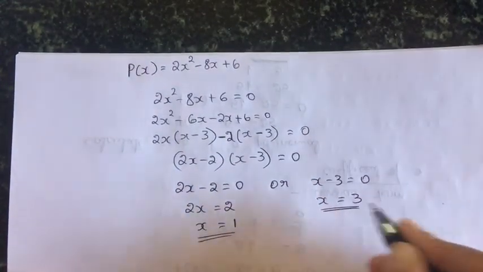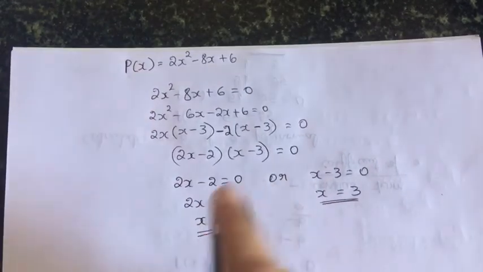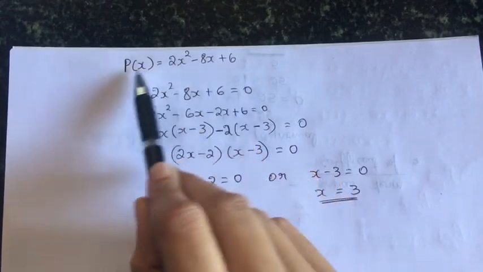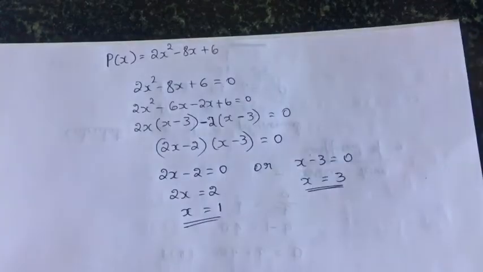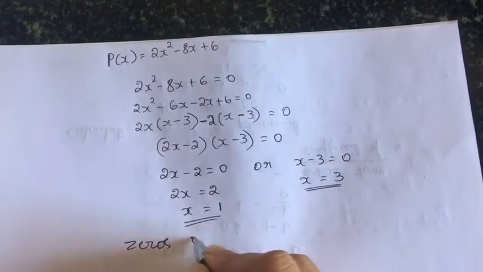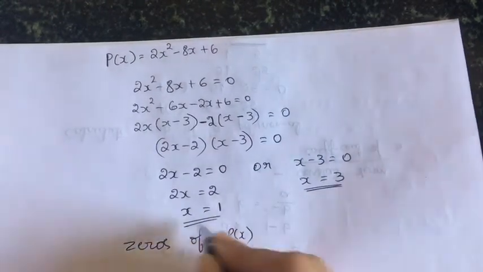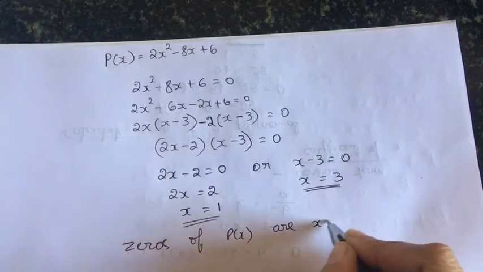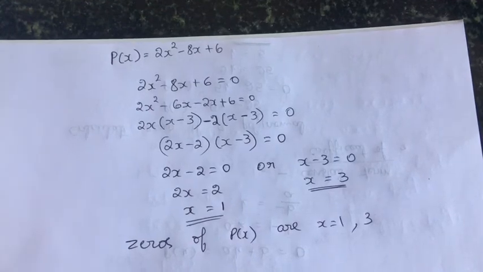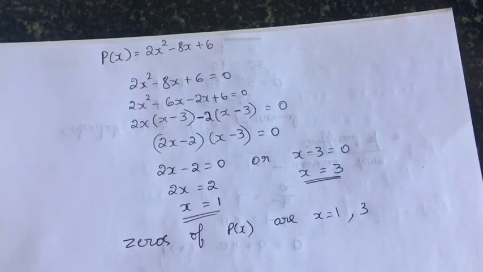So if I put x equal to 1 or x equal to 3 in this equation, then the value of this polynomial becomes 0. So zeros of p of x are x equal to 1 or x equal to 3, right? Zeros of 2x square minus 8x plus 6 are 1 and 3.